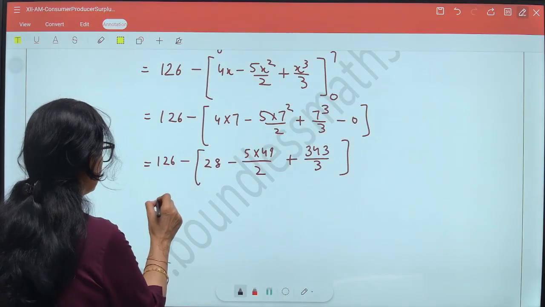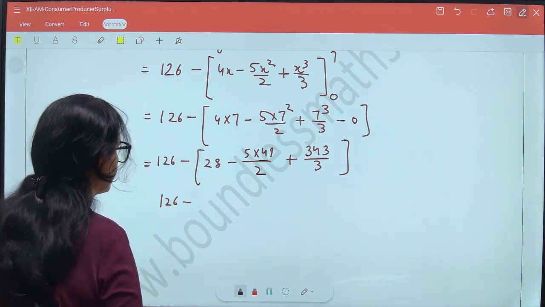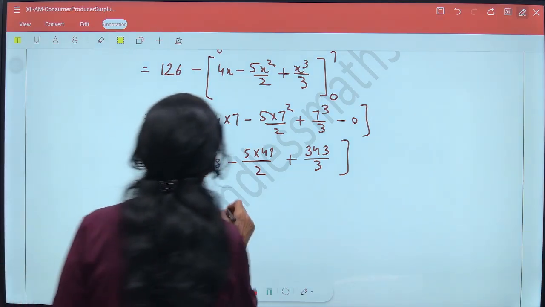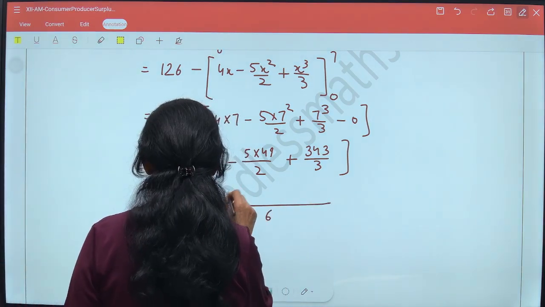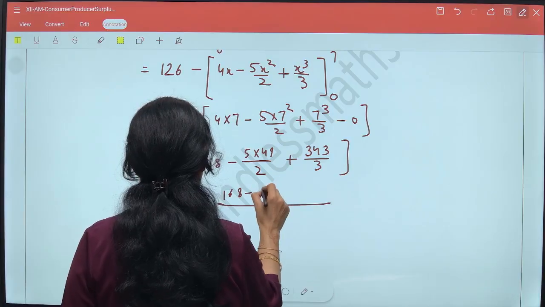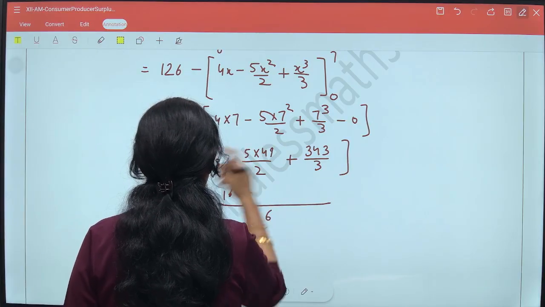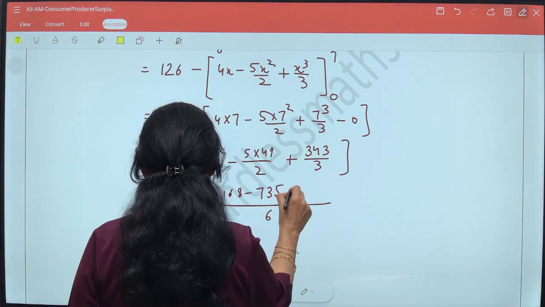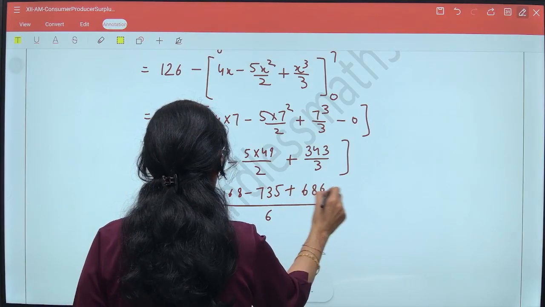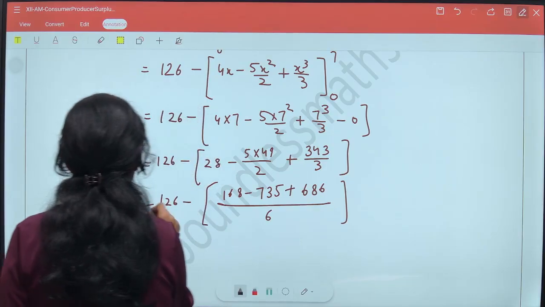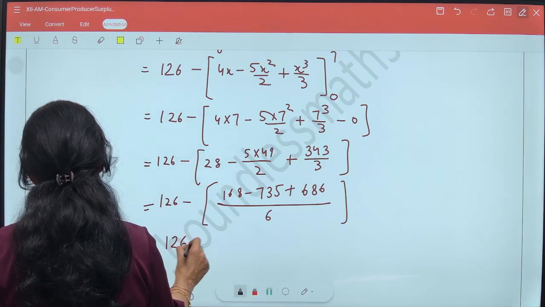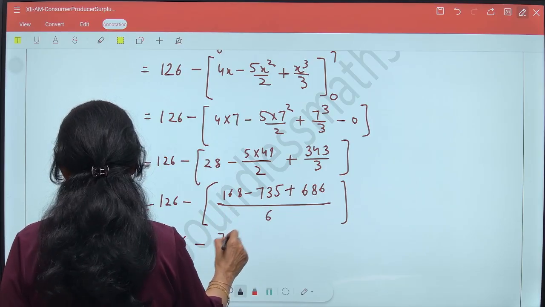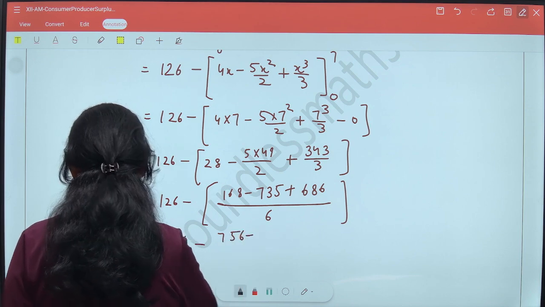Now let's solve this. 126 minus, take the LCM as 6. It becomes 168 minus, you multiply this by 3 also again and it comes out to be 735 plus 686, double of this. So when you solve this, this comes out to be 126 minus, add these two, it will be 756 minus.